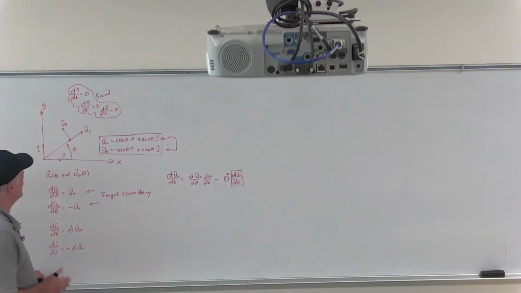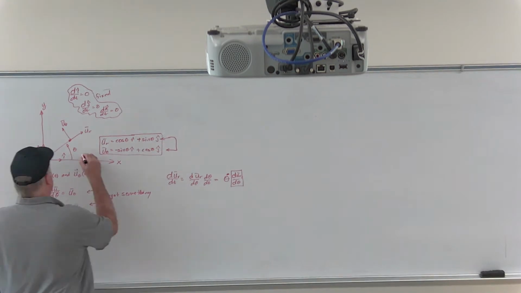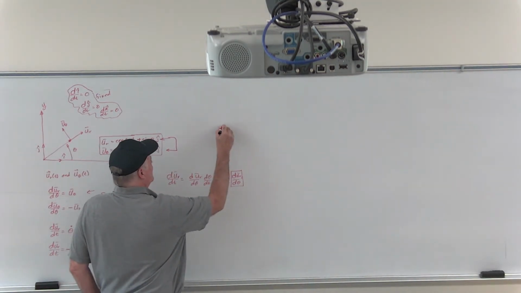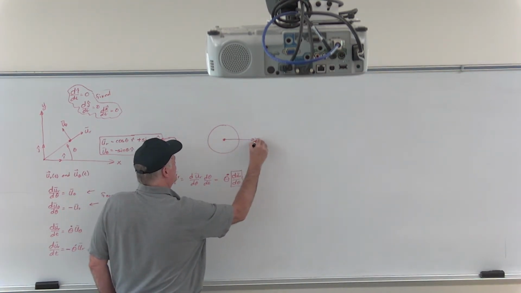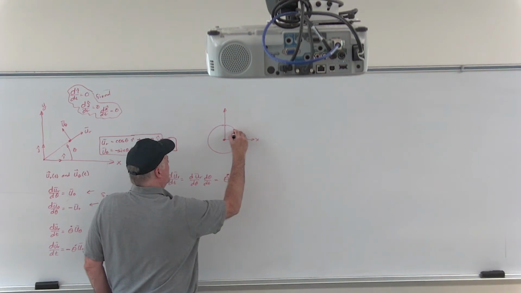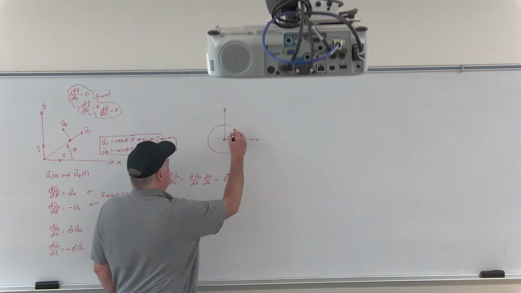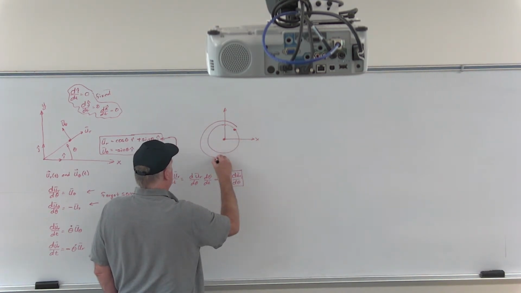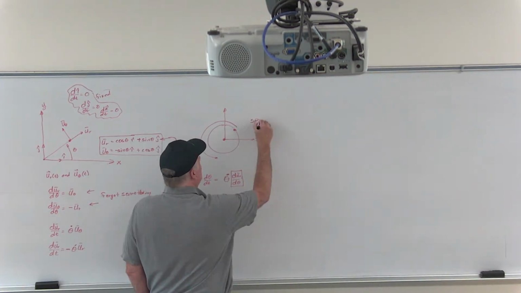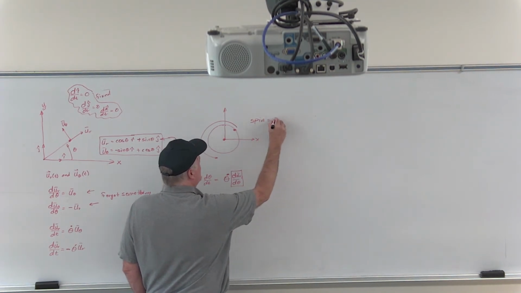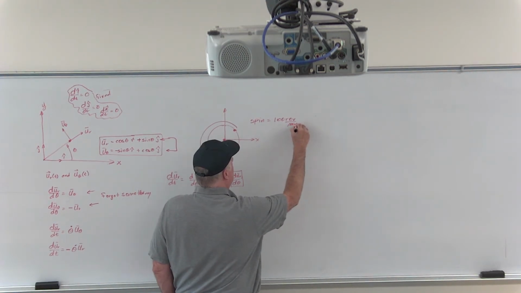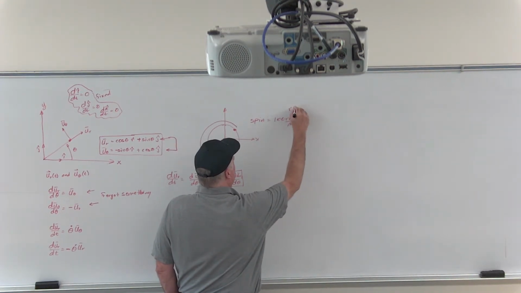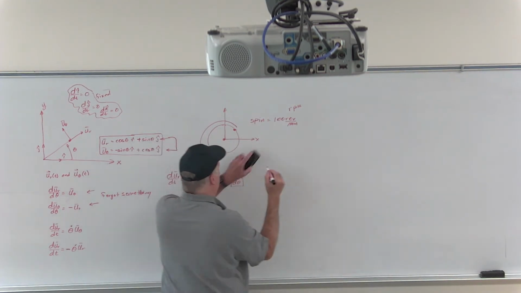Theta dot is, think of it like this. Here's my X and here's my Y. I paint a spot on this wheel and it spins. Somebody turns on the wheel and it spins. Say it's spinning, let's just make this up, at 1,000 RPM, revolutions per minute. Kind of low, so let's add another digit.